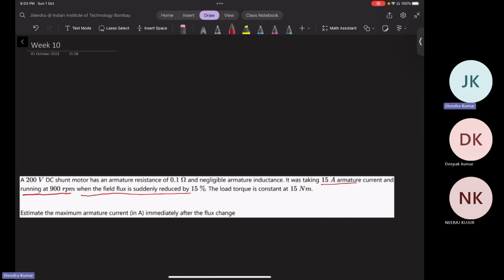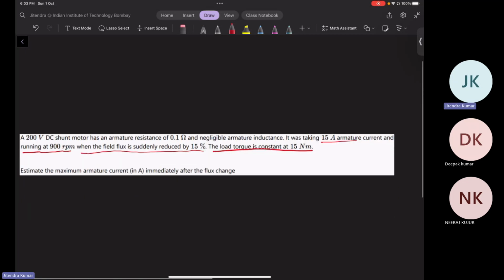When the field flux is suddenly reduced by 15%, the load torque is constant at 15 Newton meter. We have to find the maximum armature current immediately after the flux change.